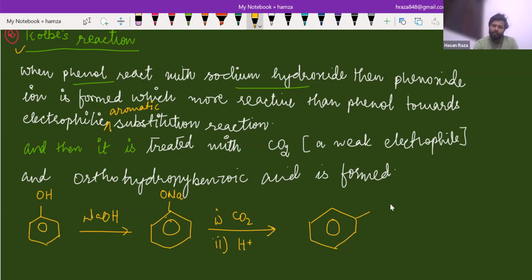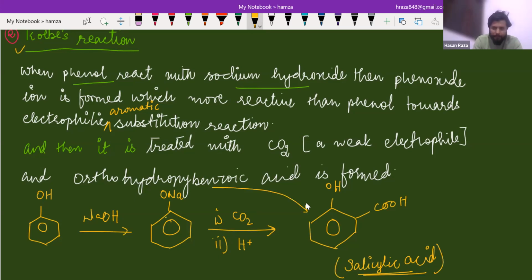This will be COOH, and this is ortho-hydroxybenzoic acid, and its common name is basically salicylic acid, which is very important. Please write.